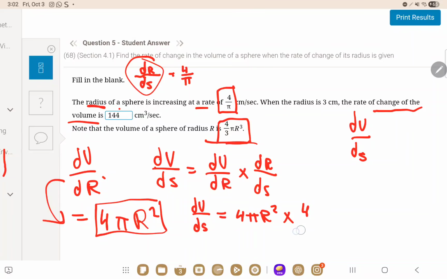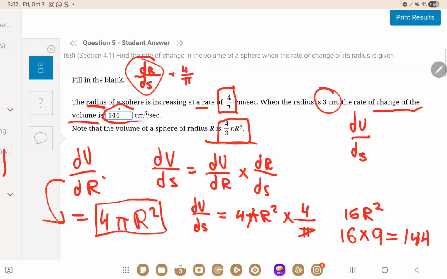Then pi cancels with pi, and you're left with 16 r squared. Now they told us the radius is 3 centimeters. So you do 16 times 9. 16 times 9 gives us 144. So our change in volume is going to be 144 centimeter cubed per second.